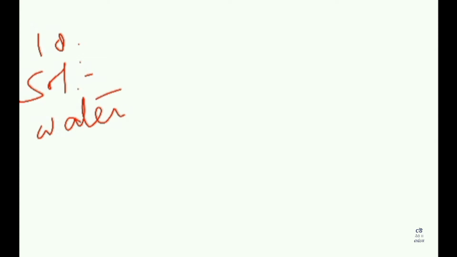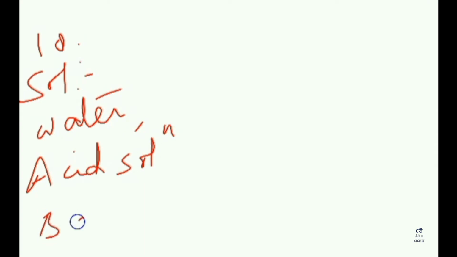So students, in page number 18, question number 1 says that we have 3 test tubes. The 3 test tubes contain distilled water, acidic solution and basic solution. So one is having water, the other one is having acid solution and base solution.